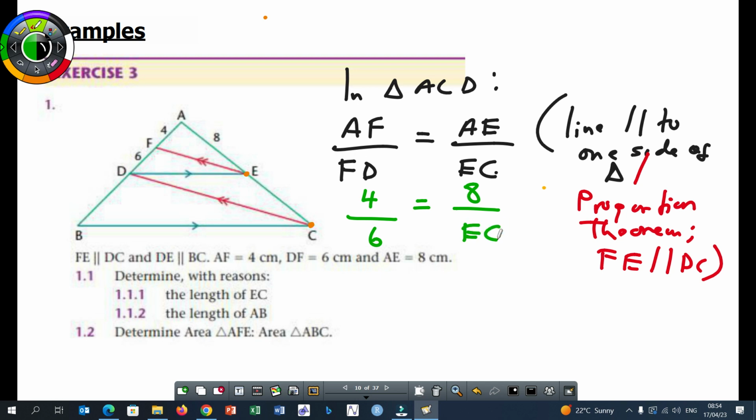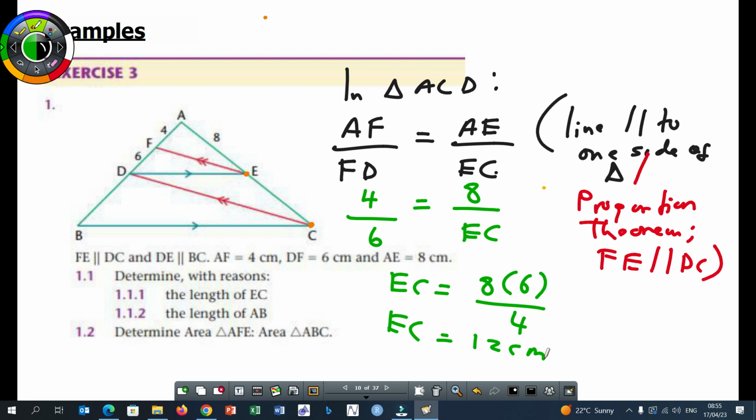If you cross multiply, you get EC equal to 8 times 6 divided by 4. That gives 48 over 4, which is 12. So that will be 12 centimeters. This is very easy and very straightforward.